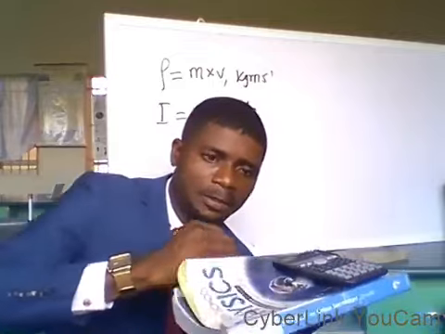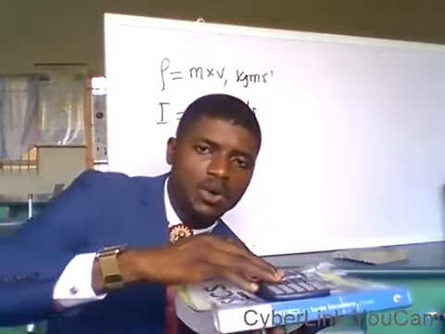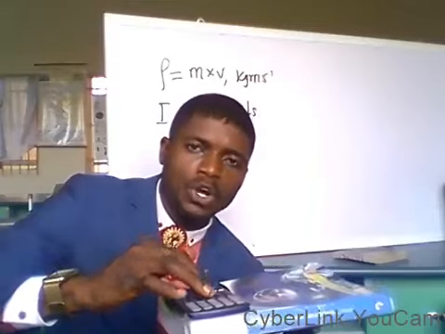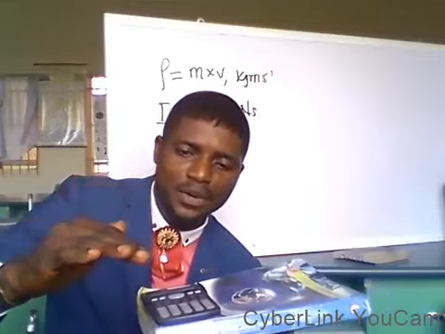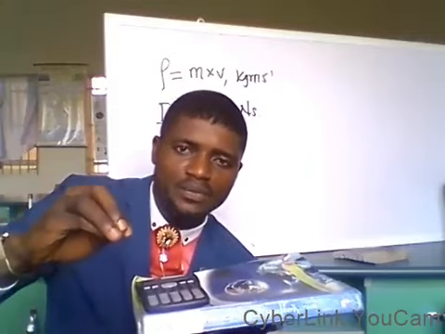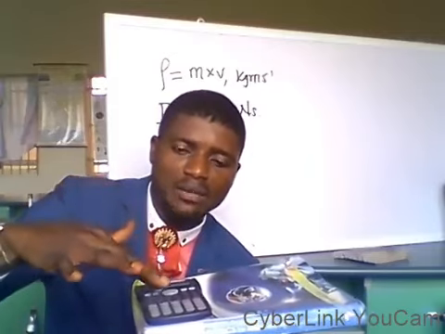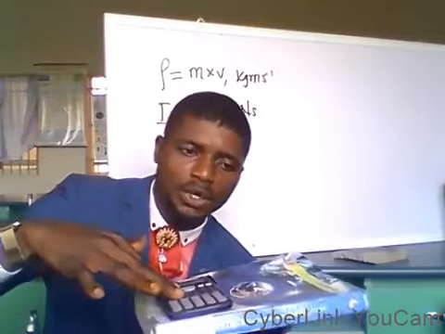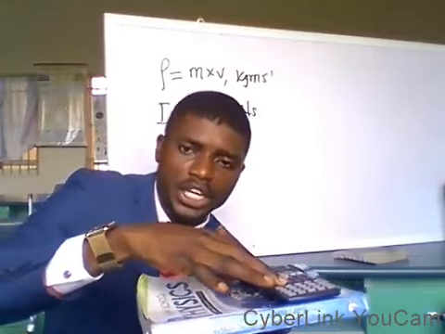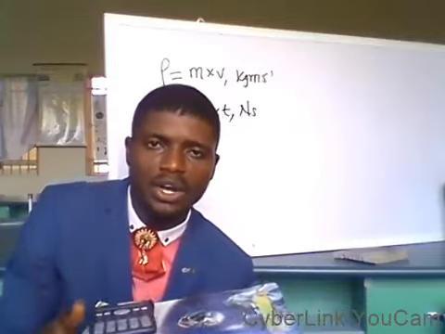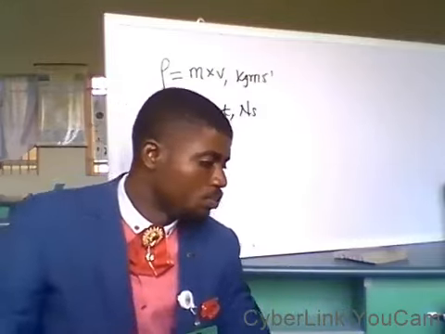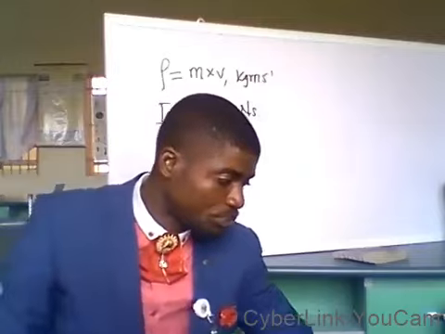You see that? This calculator will remain here forever unless acted upon by an external force. The external force in this video is exerted using my fingers. I push it, it goes this way. And I pull it, it comes back this way. That is a simple explanation of Newton's first law of motion.